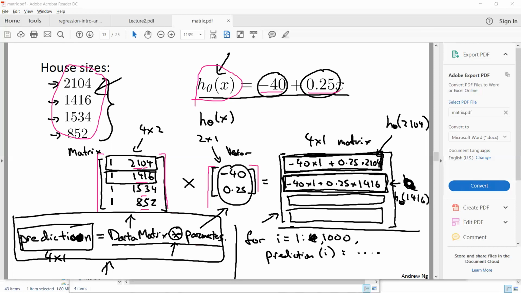If you do a matrix multiplication, the result becomes the prediction of a house of this size when theta 0 is this and theta 1 is this. Clear? You understood why this 1 is required, because 1 into minus 40 plus 2104 into 0.25 becomes the answer. This is y is equal to mx plus c, right?